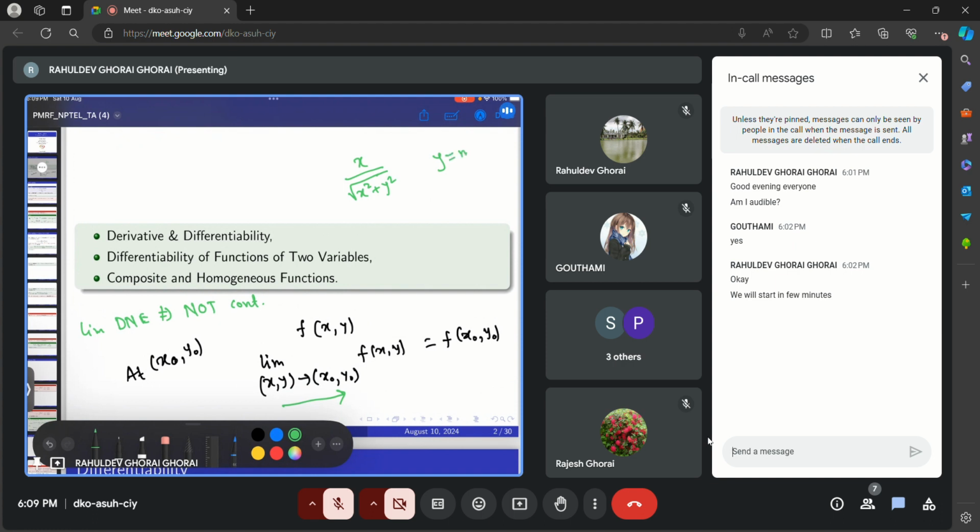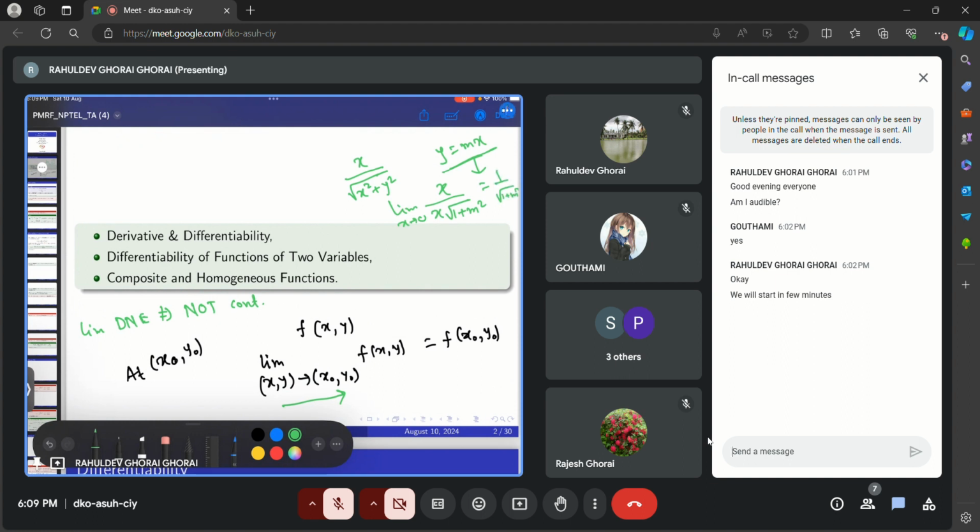Going through that line, as x tends to 0 and y tends to 0, the limit will be x over x times root of 1 plus m square, that is 1 over square root of 1 plus m square, which depends on m.